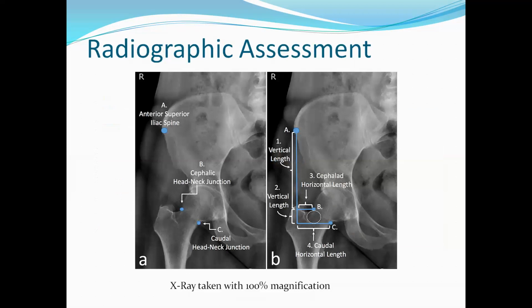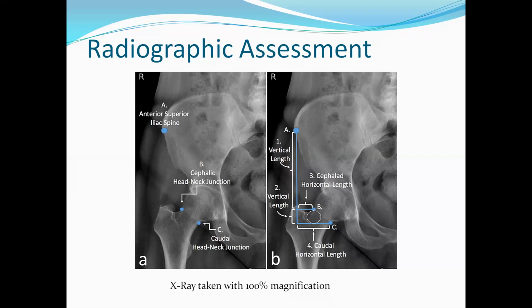The second method is radiographic assessment. You can take an X-ray film, AP view of the hip joint to be injected, and the X-ray must be at 100% magnification of the joint. You can check the magnification by putting a roll or a ball, so that you know how much magnification the X-ray has. Preferably 100% magnification is required for accurate measurement.